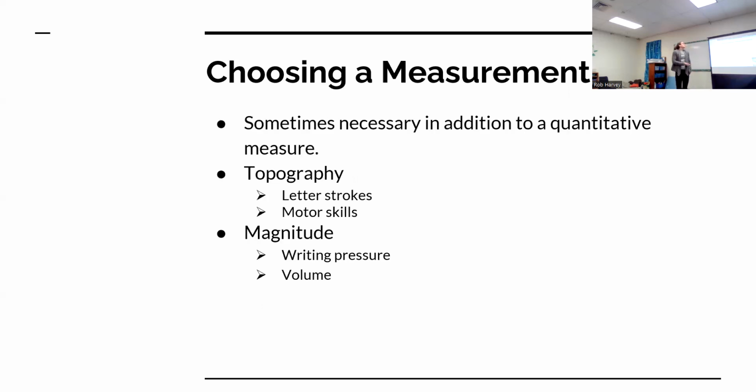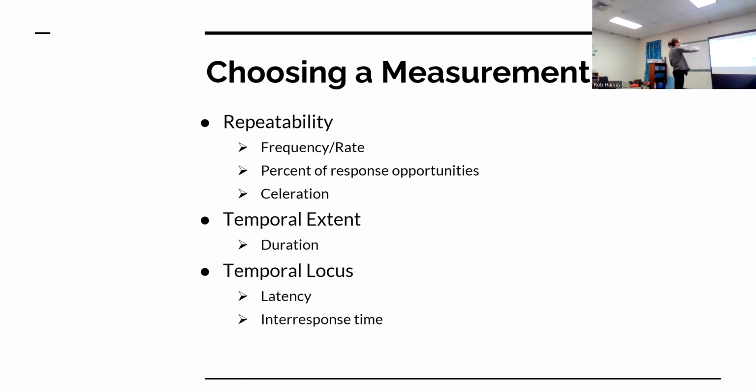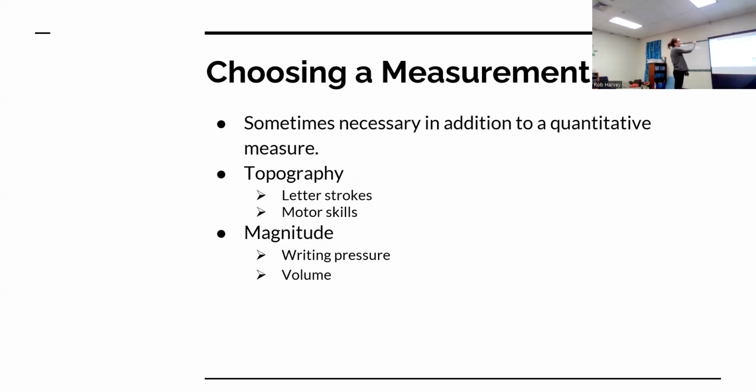Sometimes it's necessary, so we really want to choose something from this based on the core dimensions of behavior. But sometimes our definitions and our mastery criteria are also going to have to include an aspect of topography or magnitude, all depending on what the behavior is. For example, motor skills, receptive skills or listener responding skills.